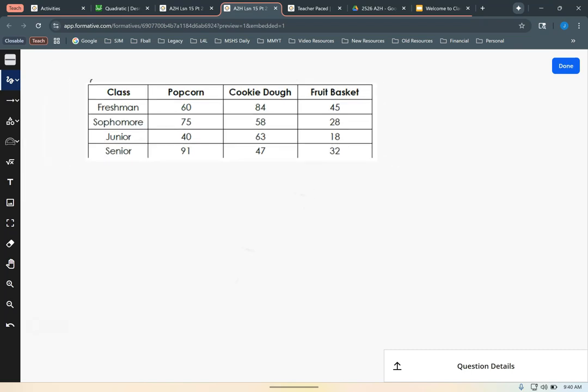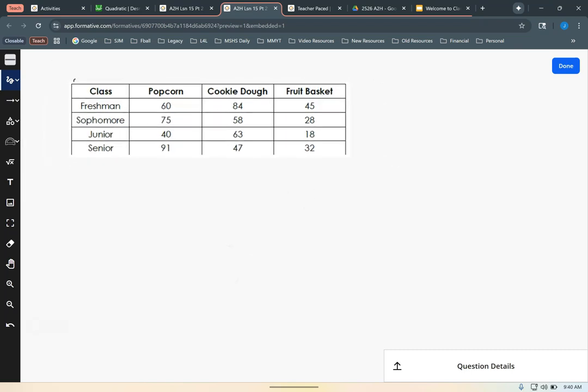Let's take some room to work here. Let's make this a little bit cleaner in terms of our matrix. Let's just take this data and get it into a matrix. So this is going to be a 4x3, right? So we'll go 60, 75, 40, and 91.